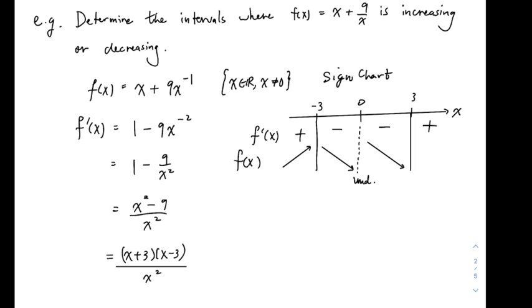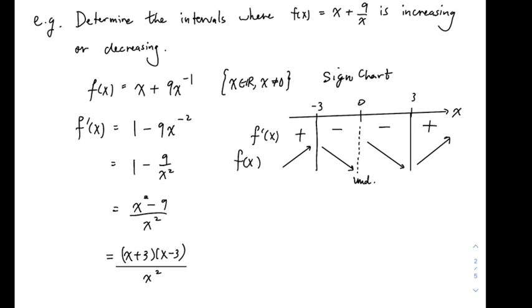But after 3, the function is increasing. This gives me a rough overview of where the function is increasing and decreasing. You do have to be careful at the endpoints though. Negative 3 we will include. 0 we're going to exclude because it's an asymptote on the original function. And 3 we will include as well.